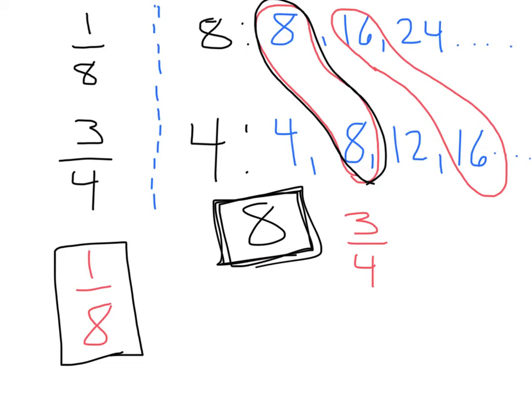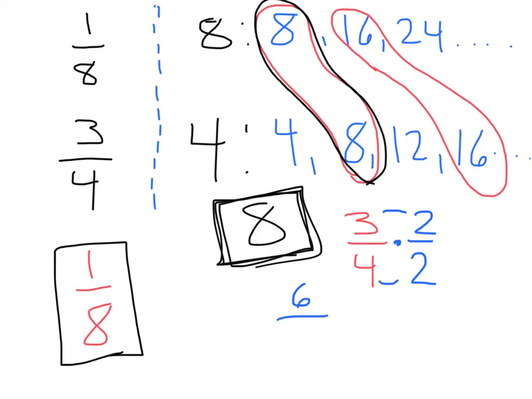So we want to ask ourselves, what times 4 will give us 8? Well, I know that 4 times 2 is 8, so I want to multiply this by 2. And remember, for equivalent fractions, you have to do the top and the bottom. So I'm going to multiply this by 2 over 2. And 3 times 2 is going to give me 6.